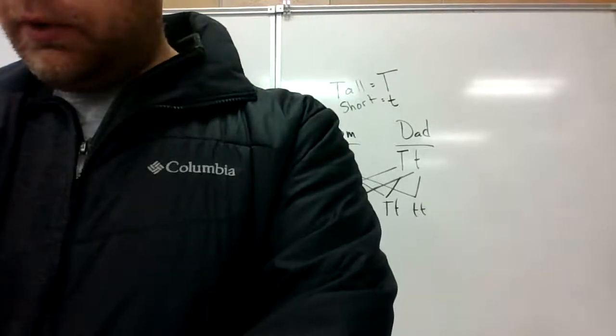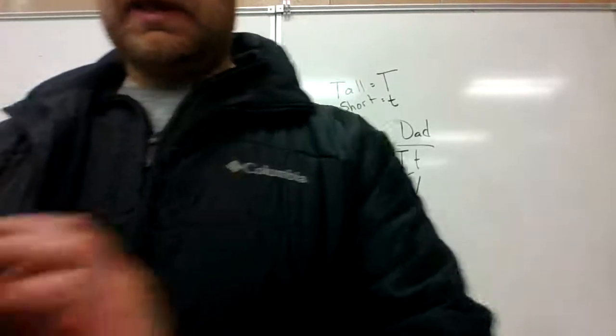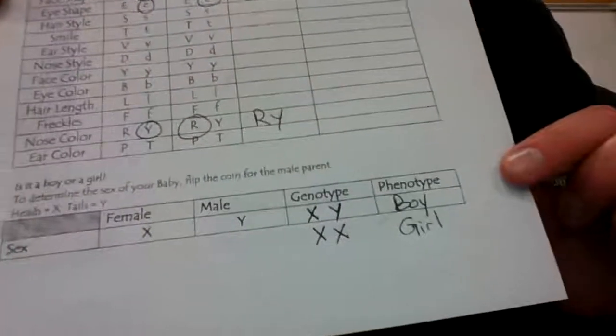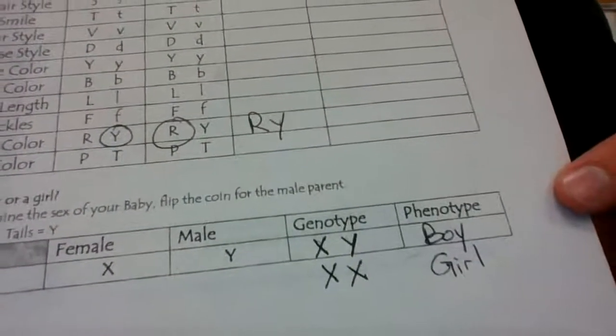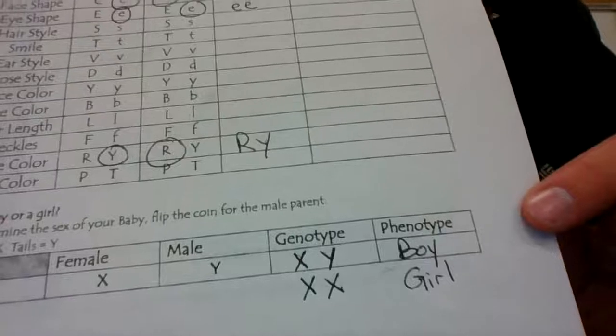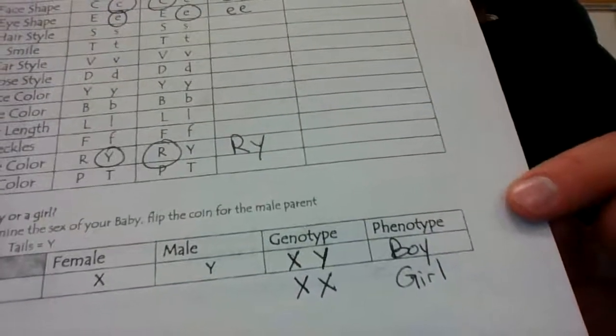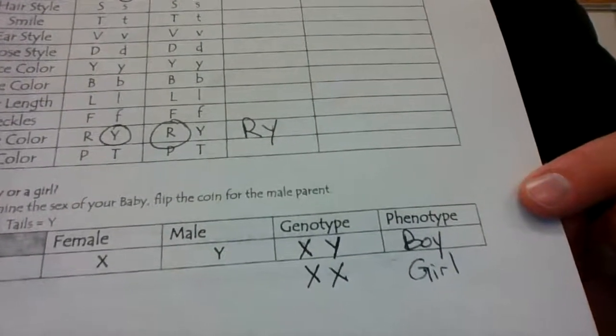And if it's a girl, it's always XX. So you choose which one of those you want it to be. I'll just let you choose. You could flip a coin if you want, heads for boy, tails for girl or something, but XY if it's a boy and XX if it's a girl. Again, then you'll draw your picture on the back and color it and submit this to me when you return.